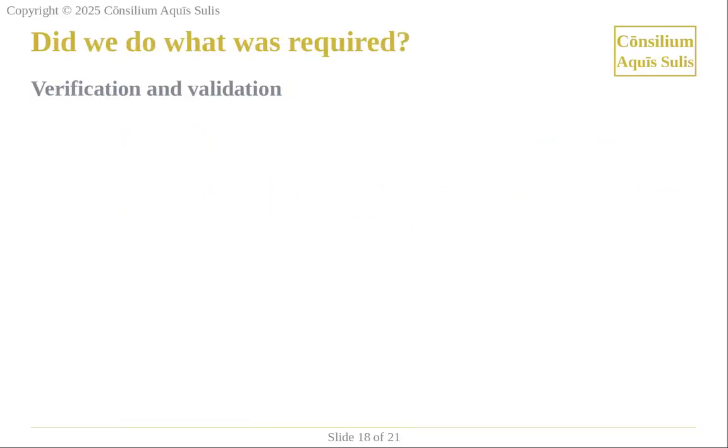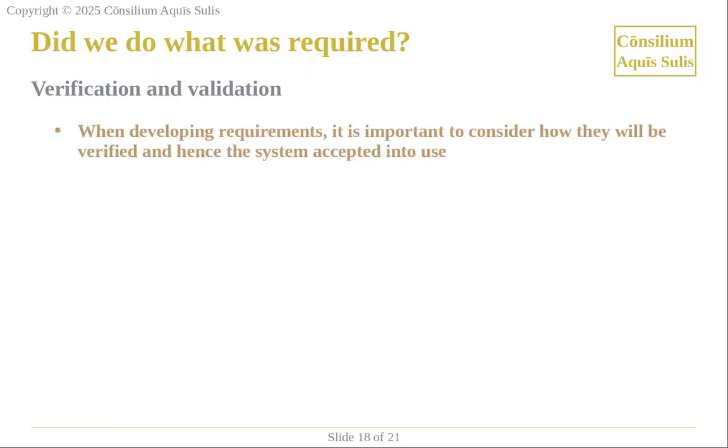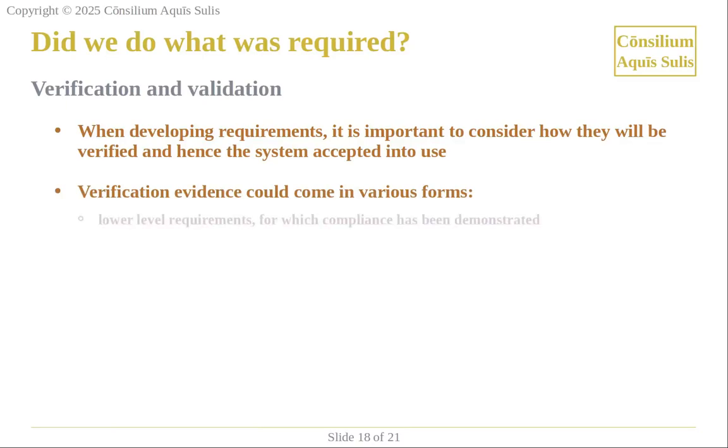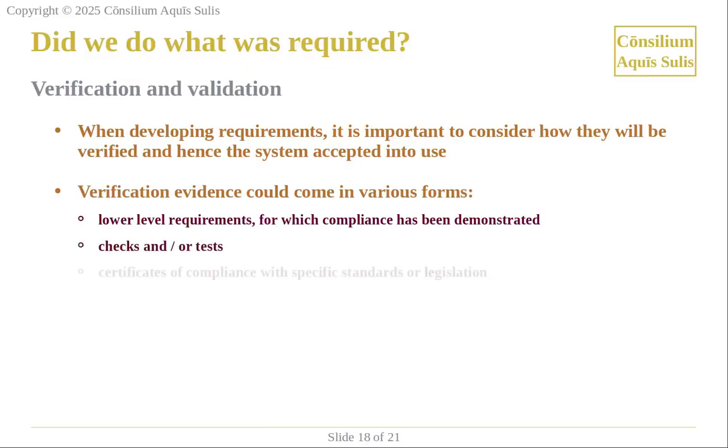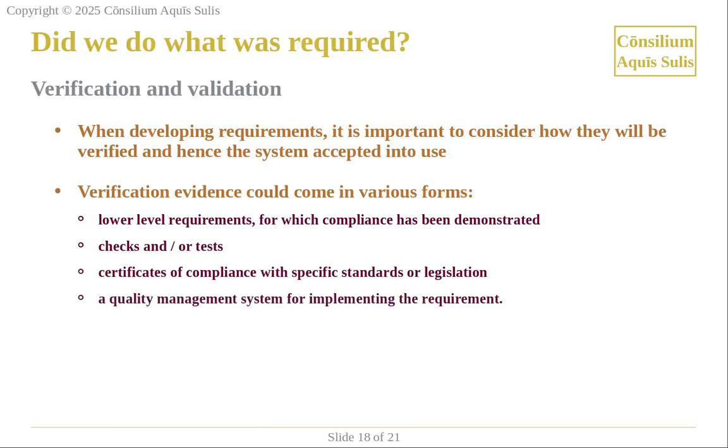When developing requirements, it is important to consider how they will be verified, and hence the system accepted into use. Verification evidence could come in various forms: lower-level requirements for which compliance has been demonstrated, checks or tests, certificates of compliance with specific standards or legislation, a quality management system for implementing the requirement.